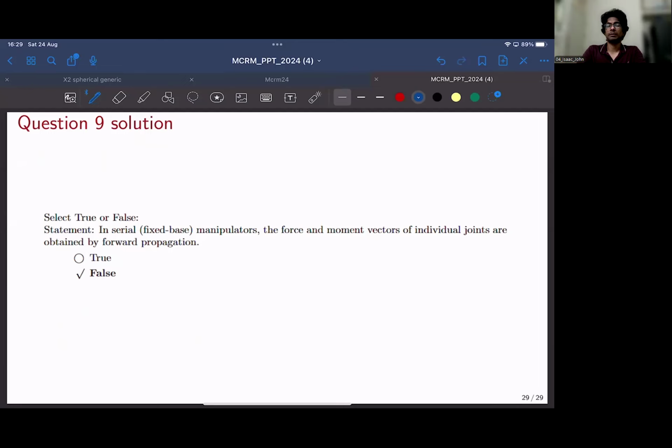You should also be familiar with deriving these equations of motion using Newton-Euler and Euler-Lagrange. We haven't shown any examples in this particular lecture, but in the quizzes, maybe you can expect a few questions to find out the torques and forces of any given manipulator.